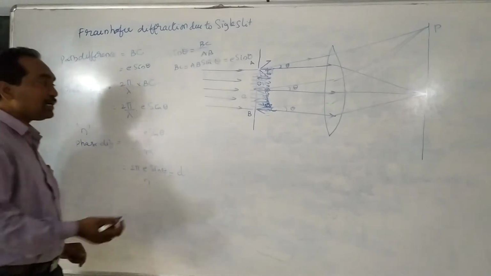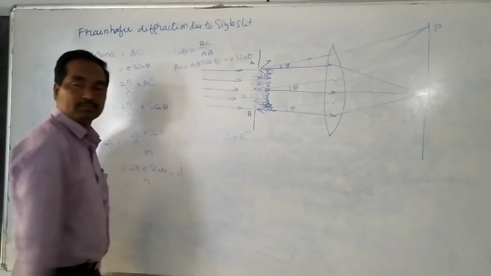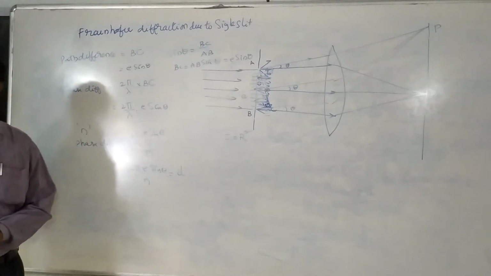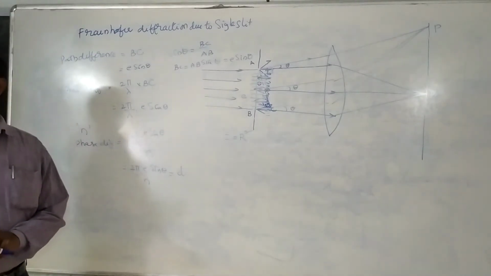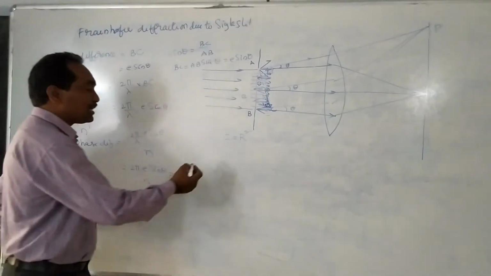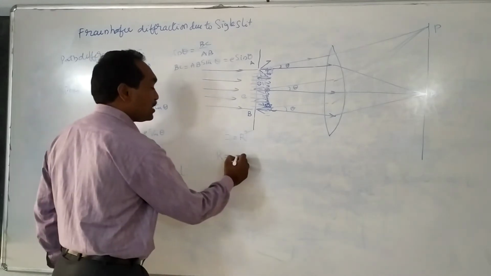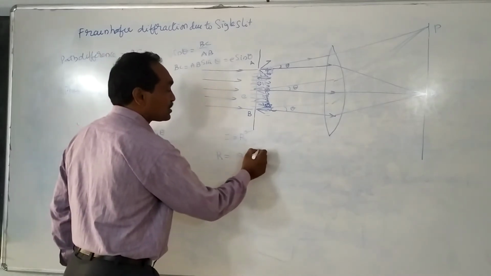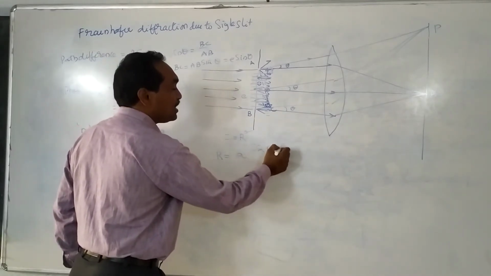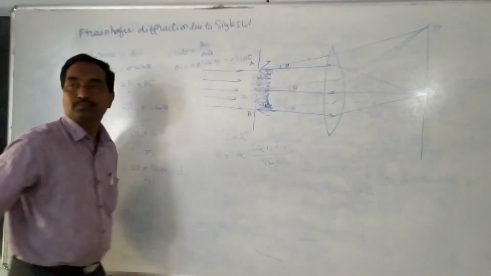We know the resultant intensity I depends on the square of the amplitude. When we calculate the resultant amplitude R, we can easily find the intensity. The resultant amplitude R due to the n waves is A into sin n d by 2 by sin d by 2.